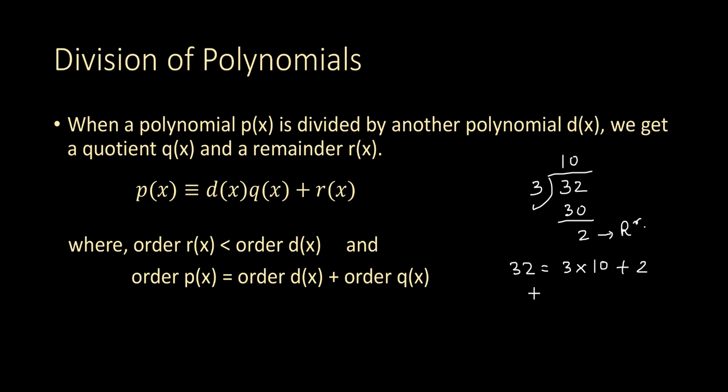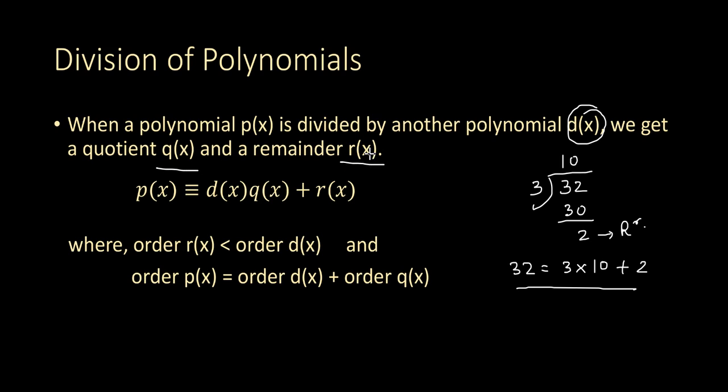Okay, the same identity we can apply, the same process we can apply if we have to divide two polynomials, right? This same property holds for polynomials also, but in this case we have polynomials, not the numbers. So we have that when a polynomial px is divided by another polynomial, which is your divisor polynomial dx, we get a quotient polynomial and the remainder polynomial.